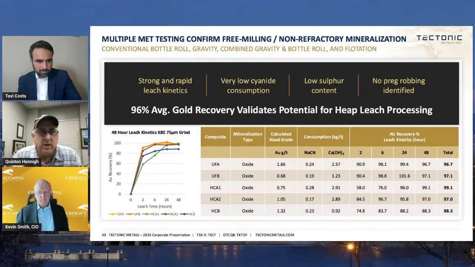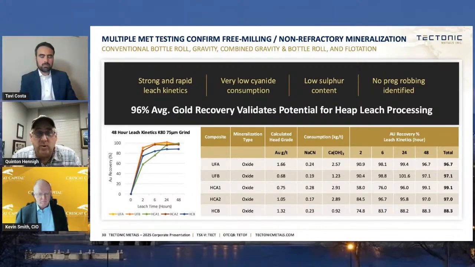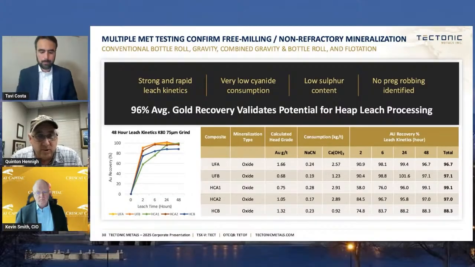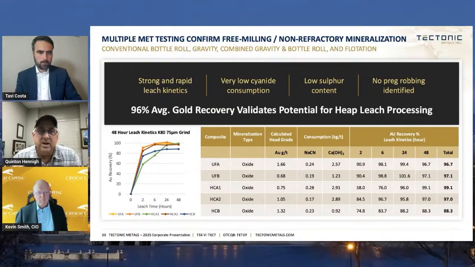One of the things that we at Crescat pushed them to do early days was some metallurgical work. This just goes back to what I was saying in one of the beginning slides: knowing that the metallurgy is friendly, knowing you can get very good recoveries, 96% average gold recovery, and very low cost techniques.